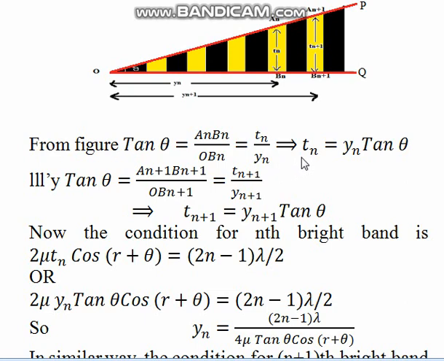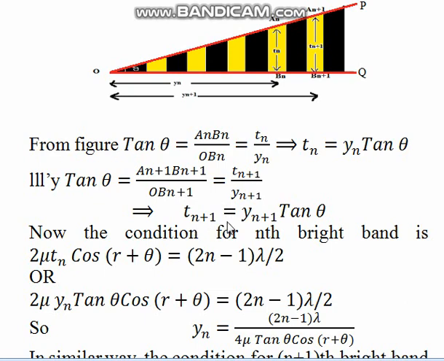That's why we can calculate Tn is equal to Yn tan theta. Similarly, you can also apply the tan theta formula for the right triangle An+1Bn+1O. This is another right triangle, and with its help you can obtain the value of Tn plus 1.